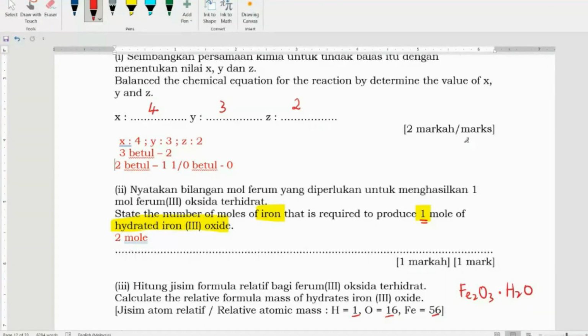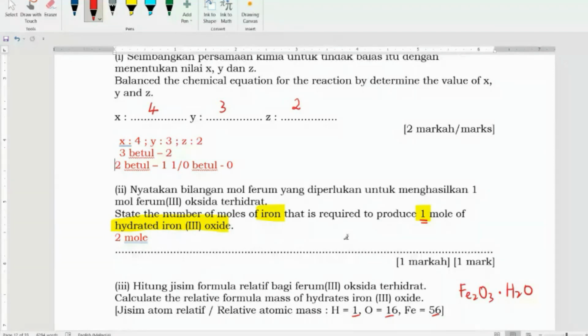Okay, so class, what is your answer? Trinity, what is the answer? Have you calculated? No, teacher.